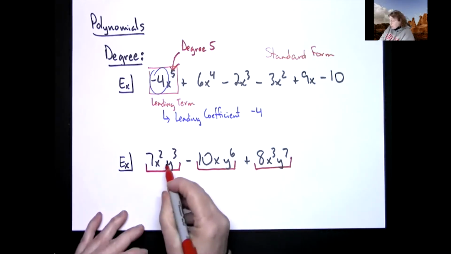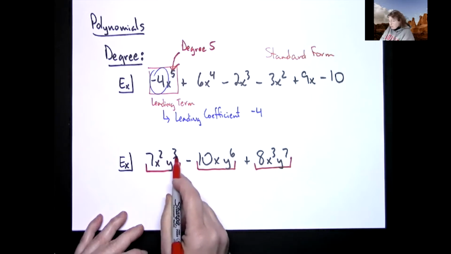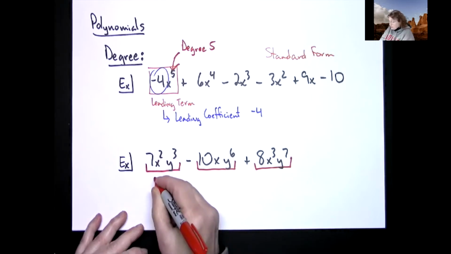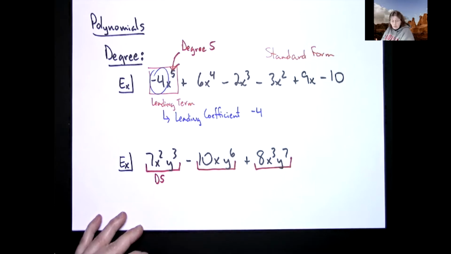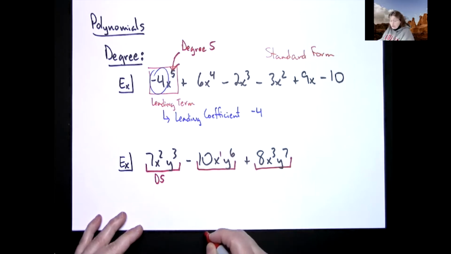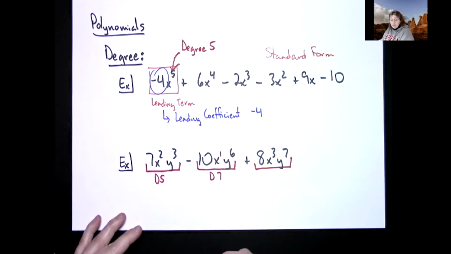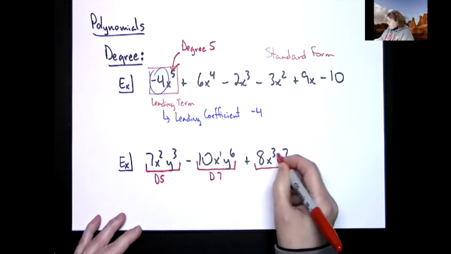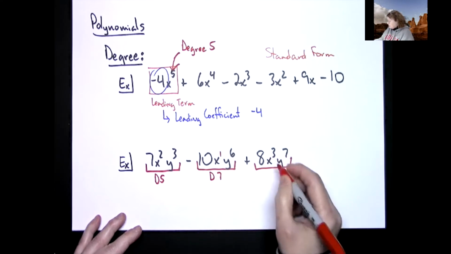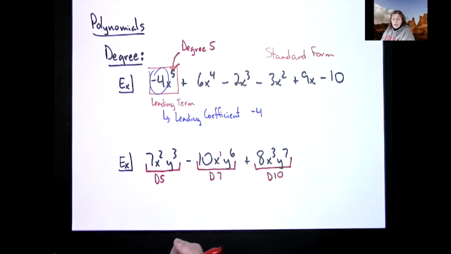I'm going to take the two exponents of the first term and add them up. 2 plus 3 is 5, so the degree of that term is 5. If I think of the imaginary 1 right there, I add up the 6 and the 1, the degree of this term is 7. If I add up the 7 and the 3 right here, that's 10, so that term has a degree of 10.